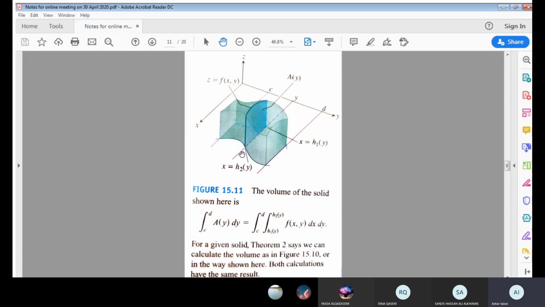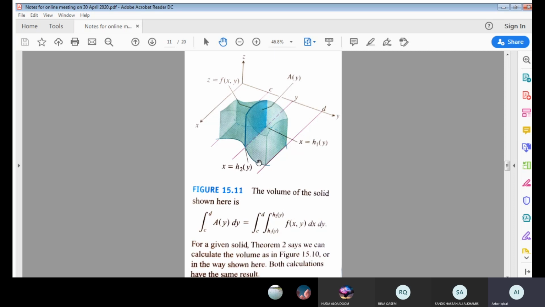Depending on how you define this region in the xy plane, both of these results generate the same outcome. But there is a difference: how the region is defined guides us as to which integral we use, this one or the one previously.